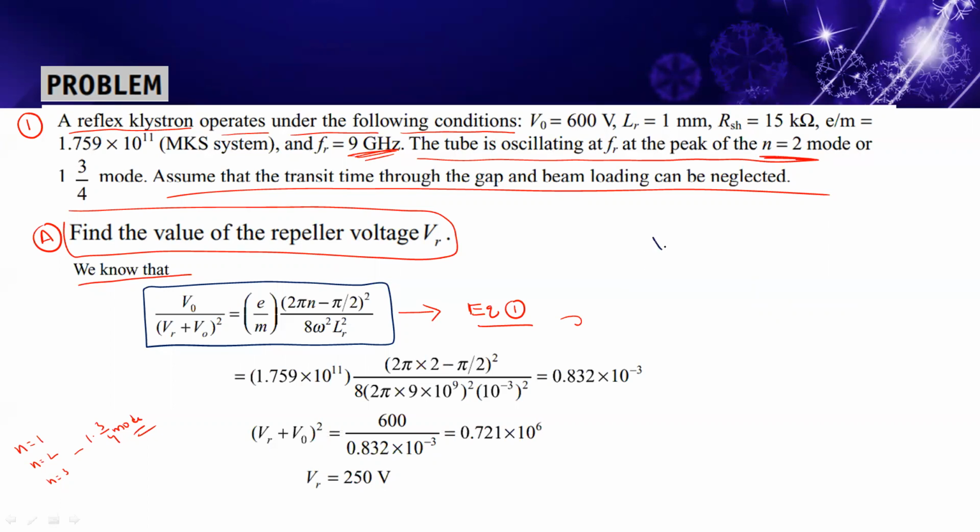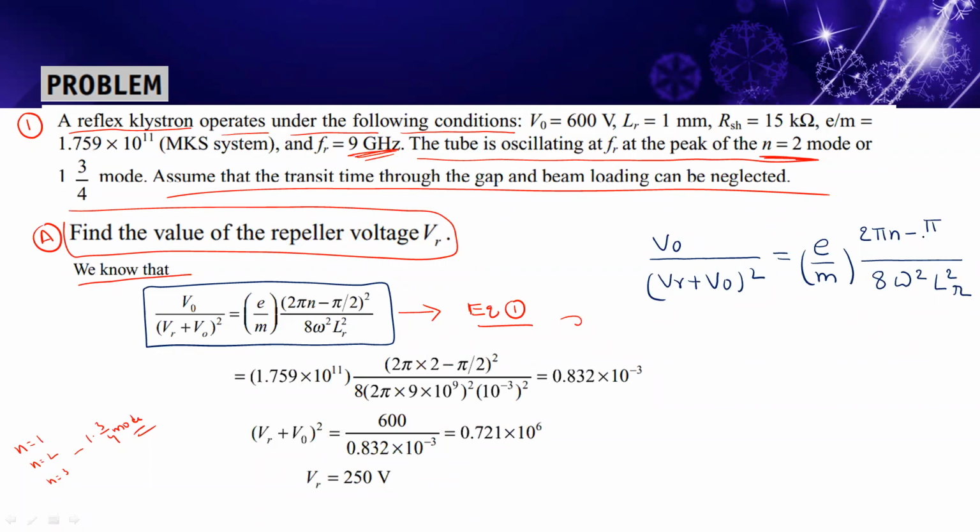V naught divided by the repeller voltage plus V naught, squared, equals e by m, so already in our theory we have the direct formula: 8 omega square L square, over numerator 2 pi N minus pi by 2, whole square. So this is the direct formula.